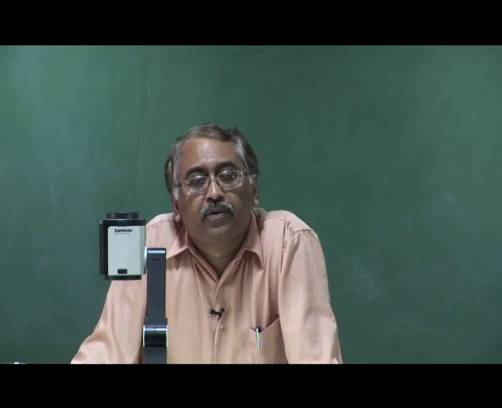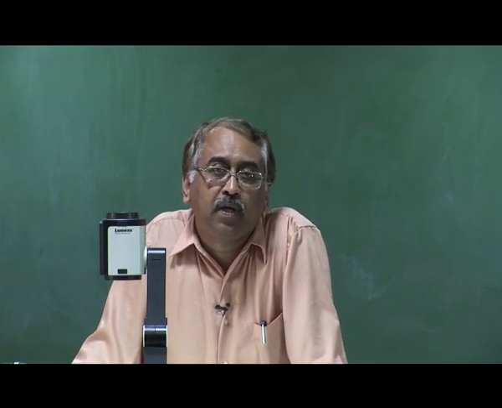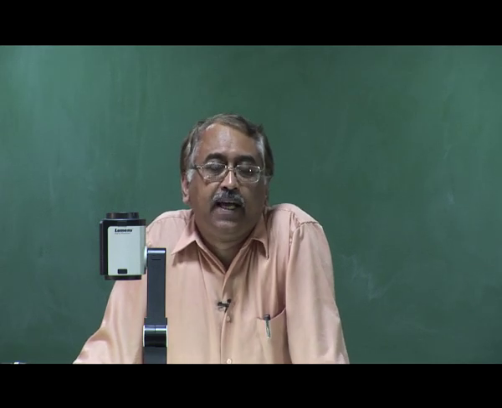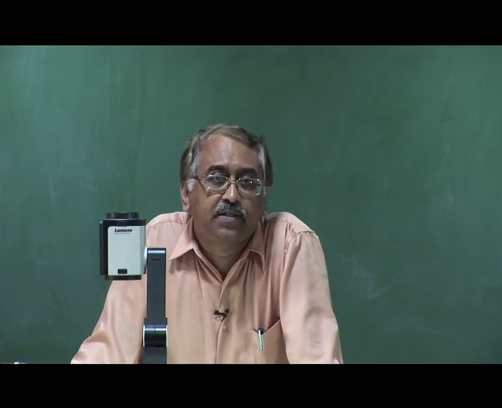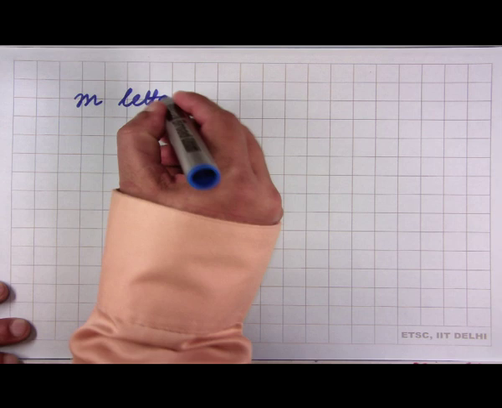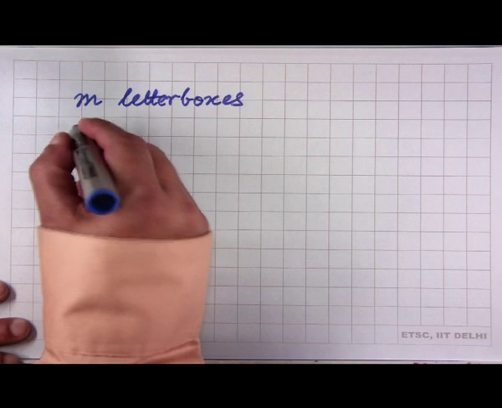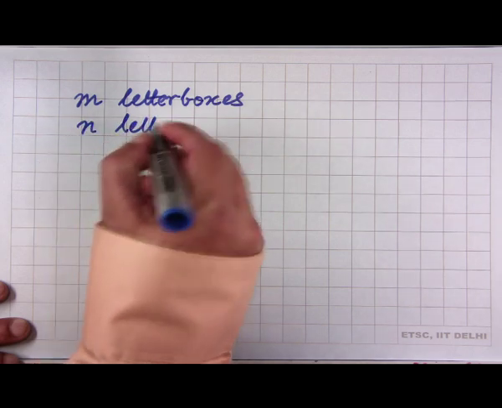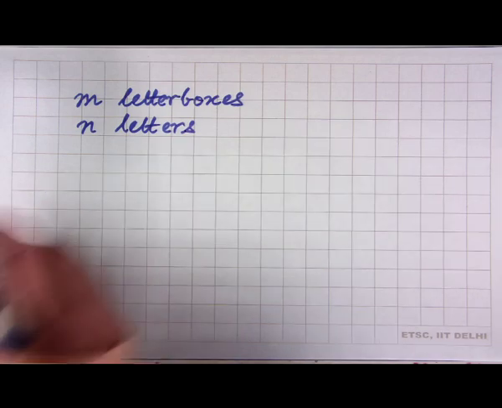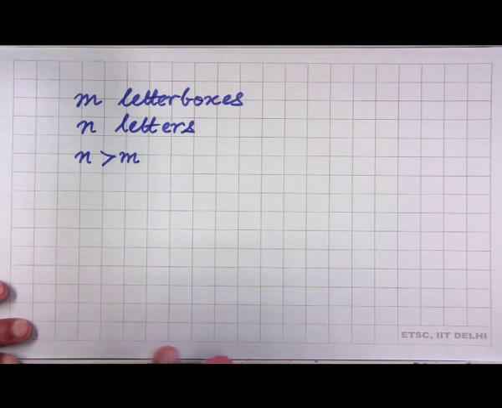Let's say I have m pigeonholes, m letter boxes, and I have n letters. And let's say I have more letters than letter boxes. N is greater than m. So I have m letter boxes and I have n letters. And I'm going to assume that n is bigger than m. N could be as small as m plus 1.